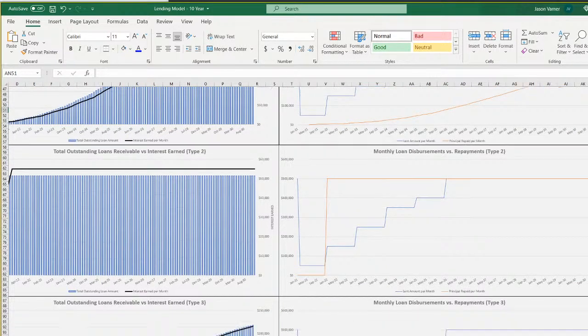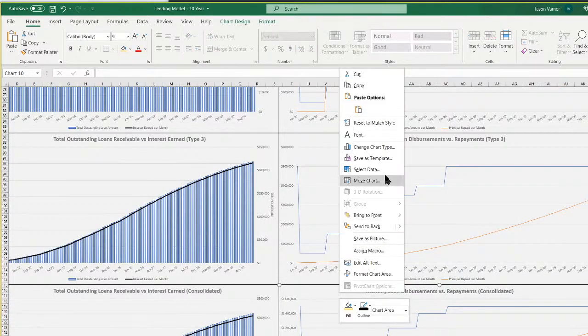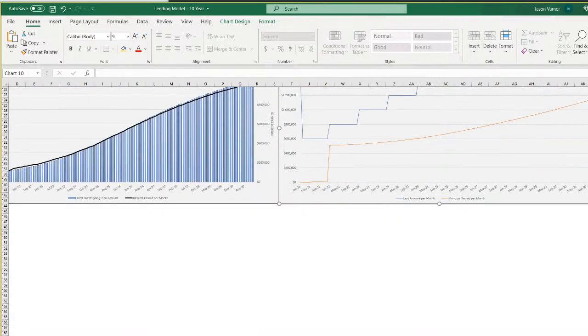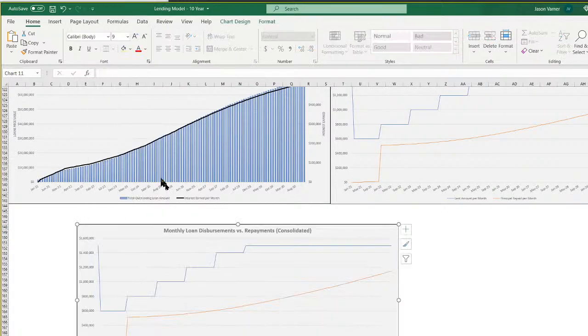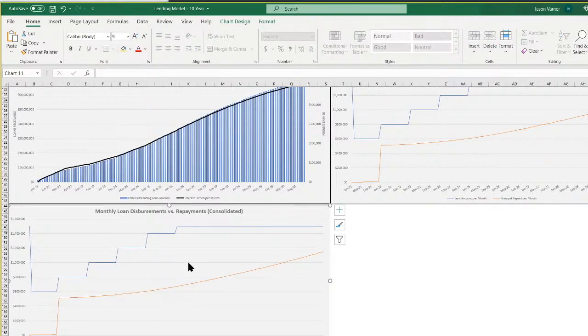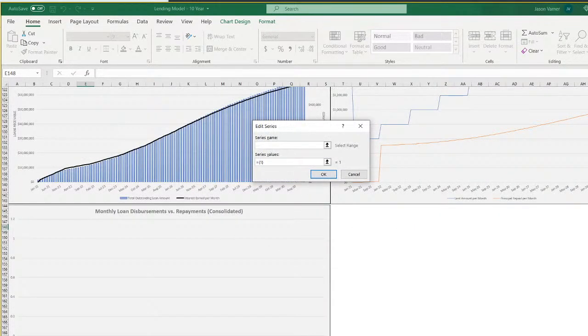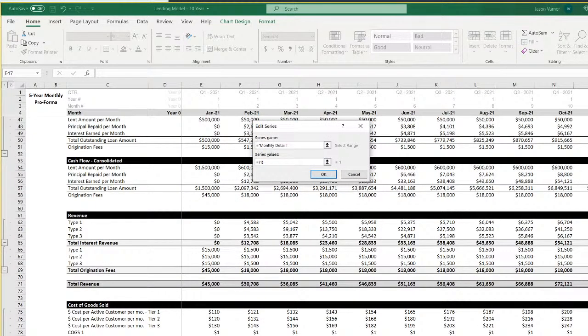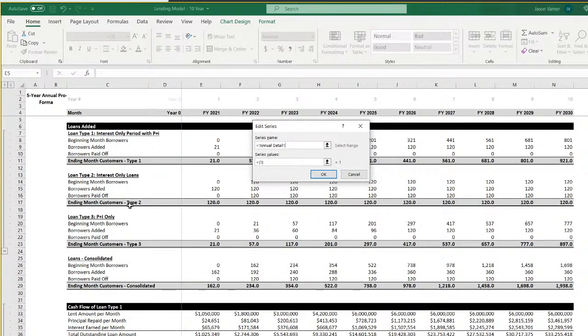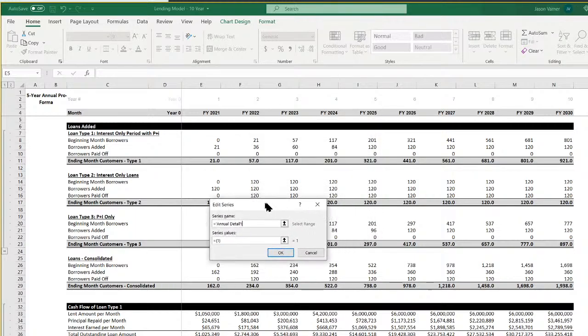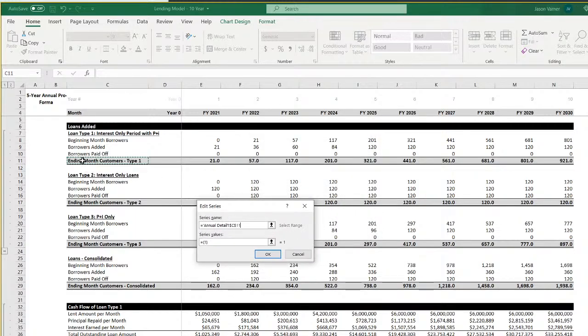So loan counts, probably some kind of chart like this. And we probably can do an annual one for here. So we'll do ending customers.